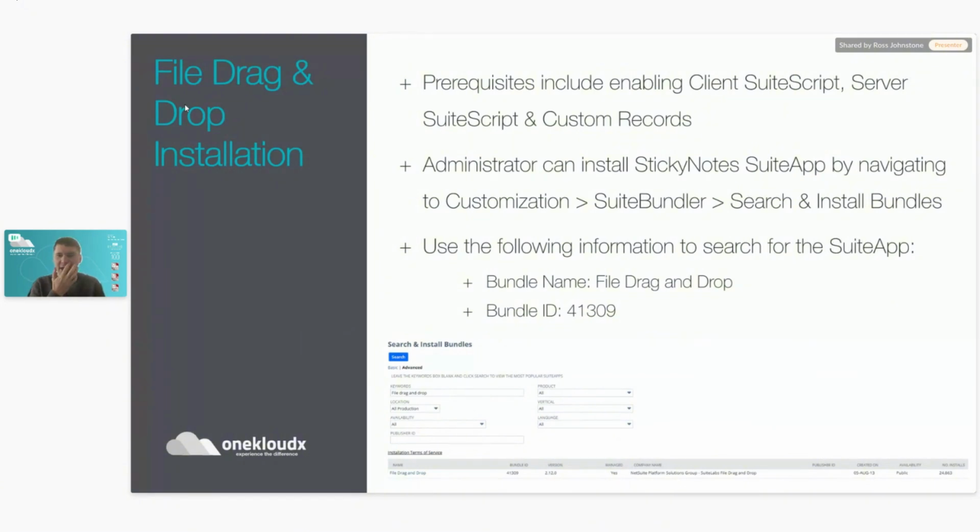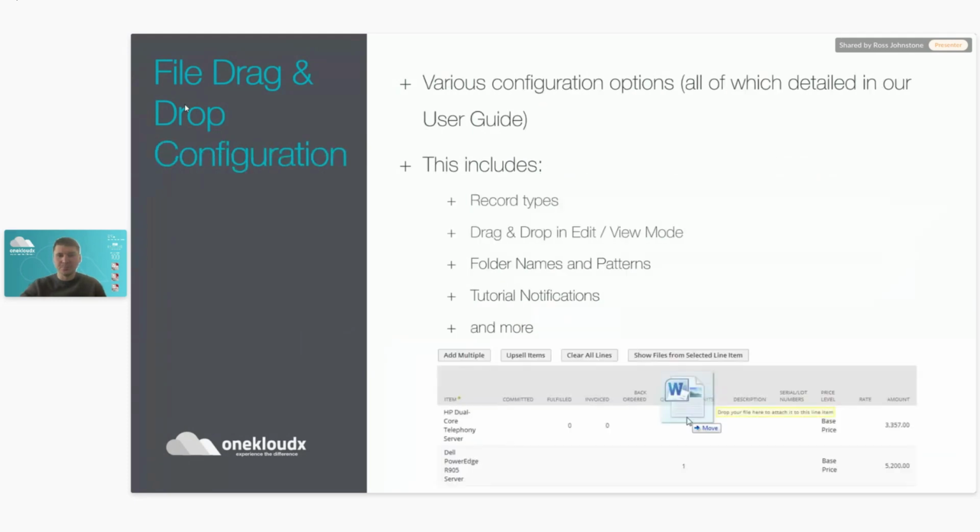So in terms of the installation, we can again go to our customization, suite bundler, and search and install bundles. And this time we're going to be looking for the file drag and drop bundle, which has the ID 41309.